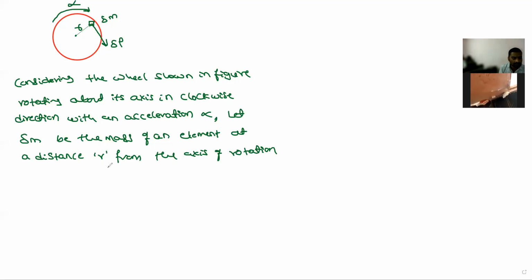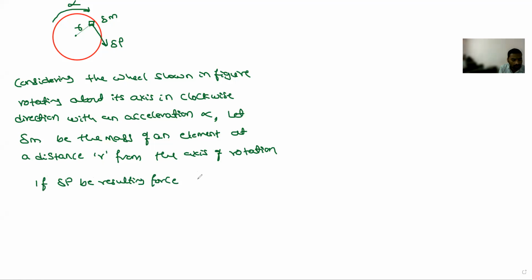So first, let delta p be the resulting force on this element. Then what is delta p?